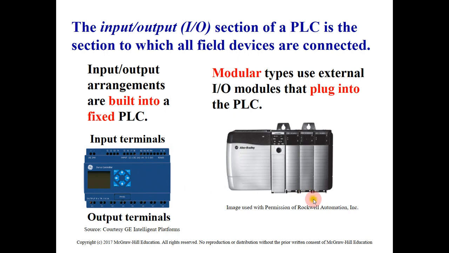The modular type can be plugged and fixed into the PLC. So in case some of these modules are damaged or get a problem, we can easily change this module or that module and replace it by a new module. So this we call the modular type, and this one we call the fixed type.